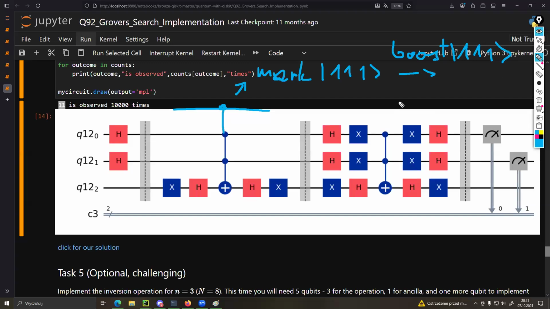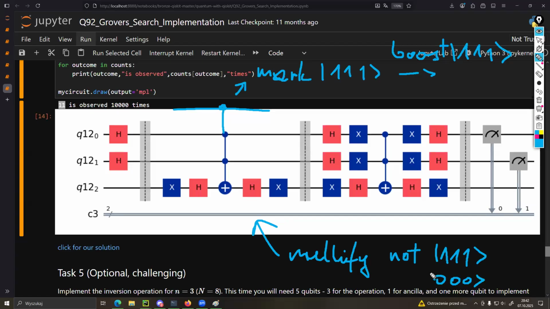And we nullify everything that is not 1 1 1. So for example, 0 0 0 will be way less common after the measurement in our shots.